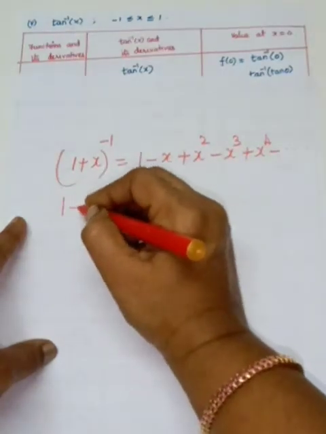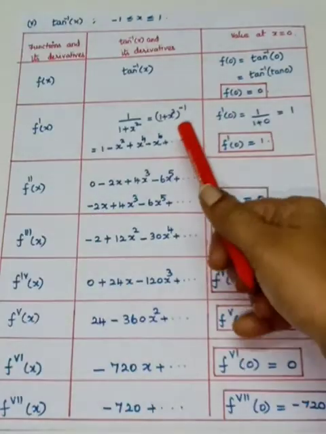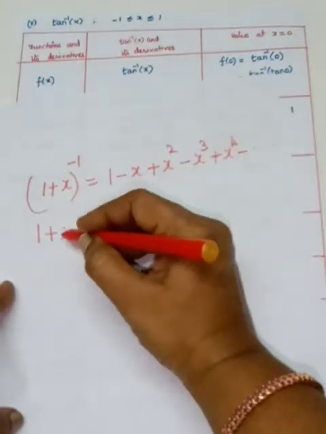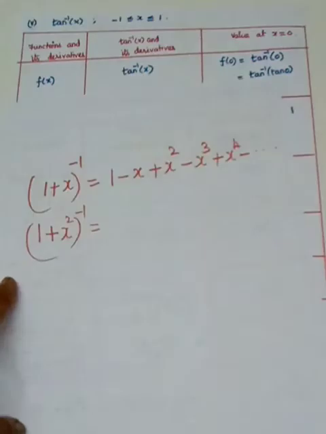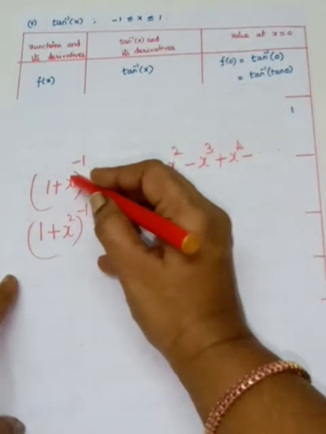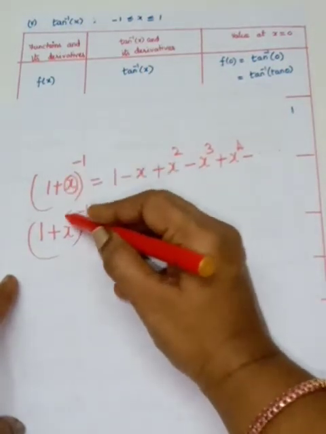So here you are having 1 plus x squared the whole power minus 1. Okay, so in the place of x, what you are having, x squared.